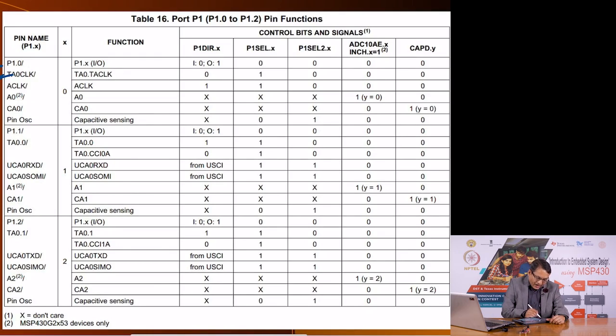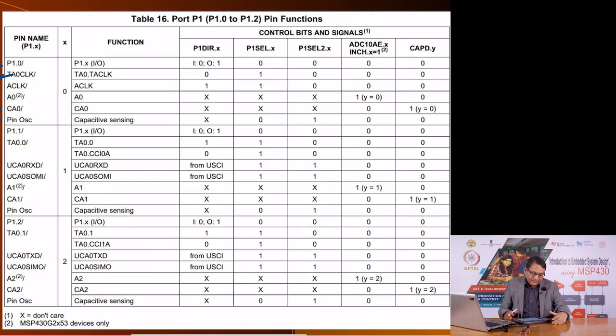The other could be that it can be used to route external information; in this case, the auxiliary clock value can be output on this pin. The fourth function is that it can become the ADC input, bit 0. The fifth is that it is a CA0 input, that is the input for a comparator, and the last function is that it can be used for capacitive sensing.